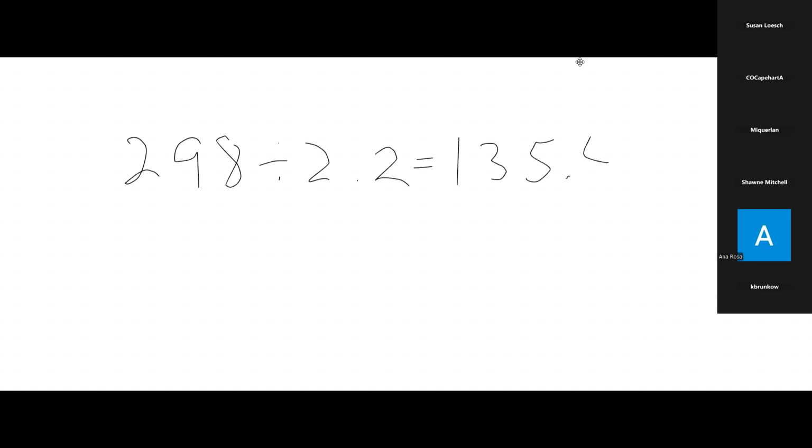Okay, we're going to start with our weight, which is 298. We're going to divide that by our 2.2. That gave us 135.45. Okay, and then we have to multiply that times our ordered dose, which is 30 micrograms.